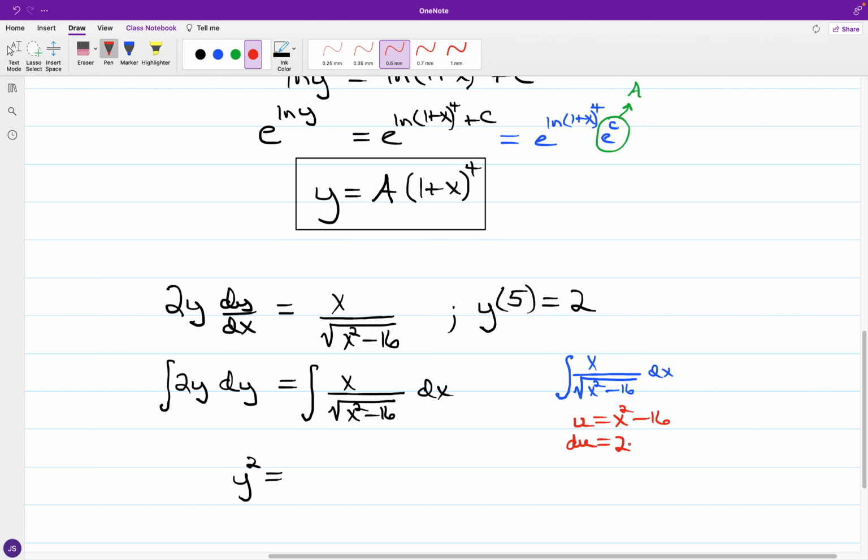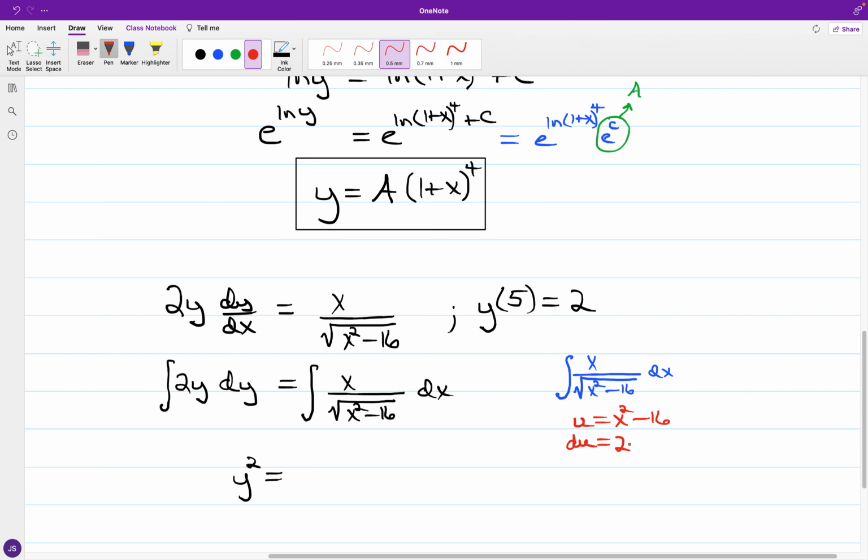And with the power property of integration, we got 1/2 times 2 times u to the 1/2 plus c. 1/2 of 2 is 1, so u to the 1/2. And you can just write this as a radical, the square root of u plus c.